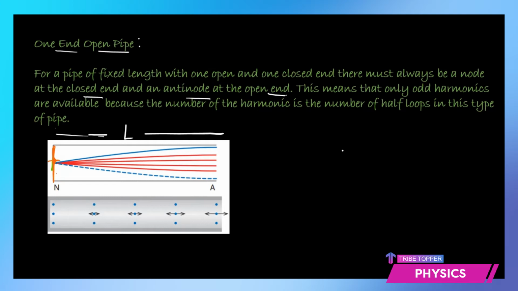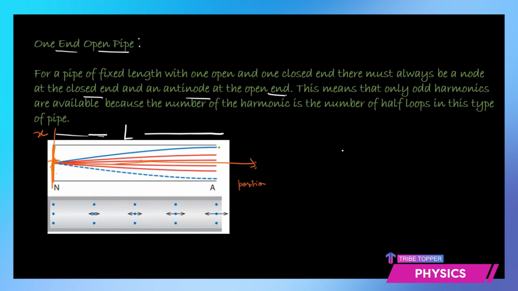So they do not have any amplitude. If I plot this, let's say this is the displacement x versus the position of the particles. What is going to be the displacement of particles at this point? 0. But at the open end, your particles are absolutely free to vibrate very, very wildly.